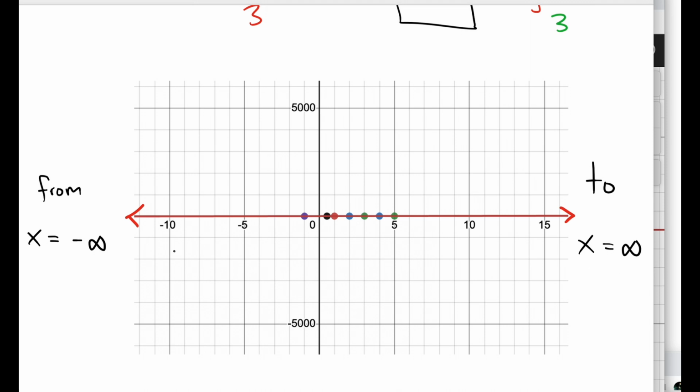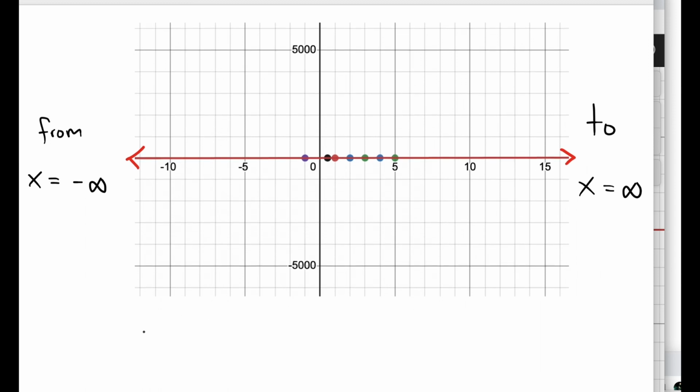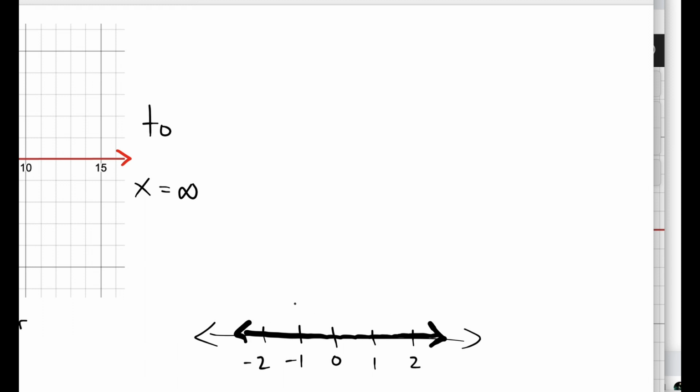Now, we have to have a mathematical way of saying that. Here's one way to say it. X can be any real number. Okay? If you remember the real numbers, we drew them one time, and we said the real numbers were just everywhere, and they go on in both directions forever.